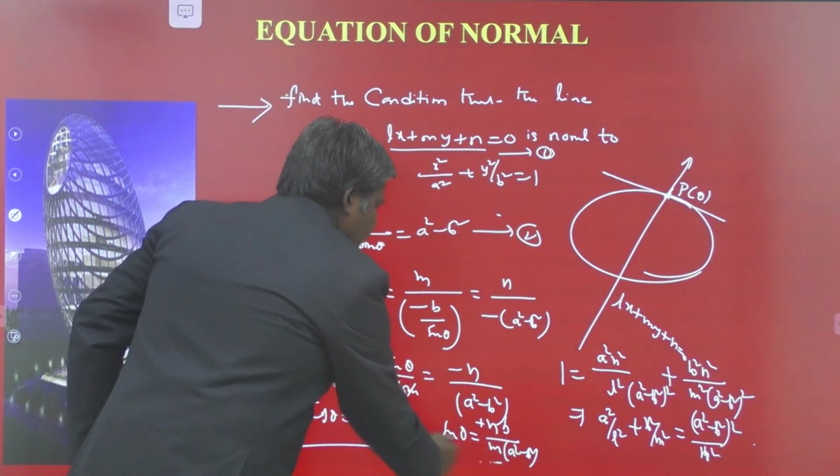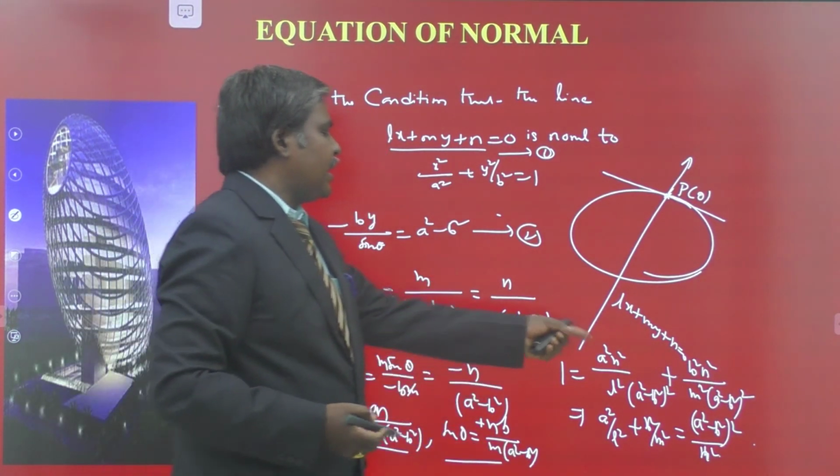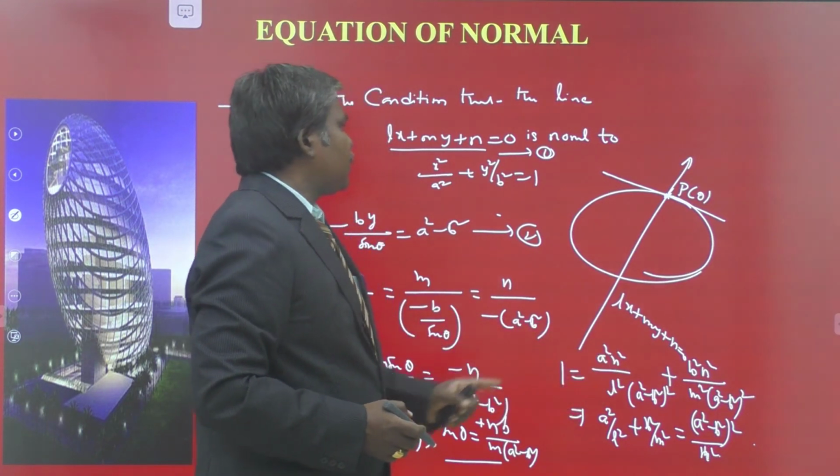After getting cos theta and sin theta, by squaring and adding, we eliminate theta and obtain the condition.